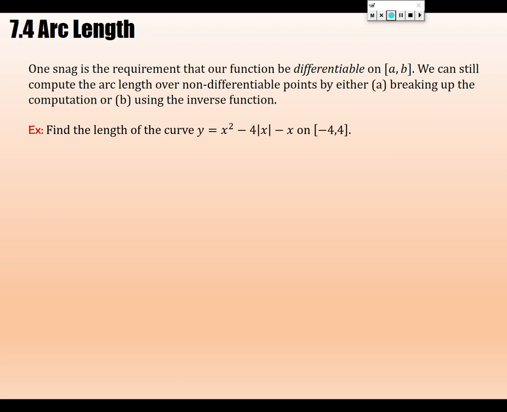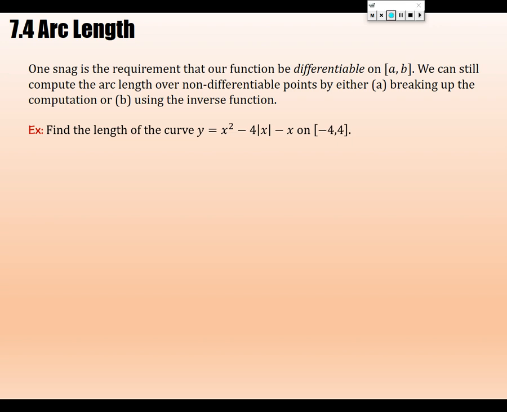You didn't notice this on the previous slide. One of the demands is that this be differentiable. Why is that a demand? Because what appears in the formula? Yeah, I mean the derivative appears in the formula. So if the function is not differentiable at some point in the interior of the interval, then that's a problem, right?